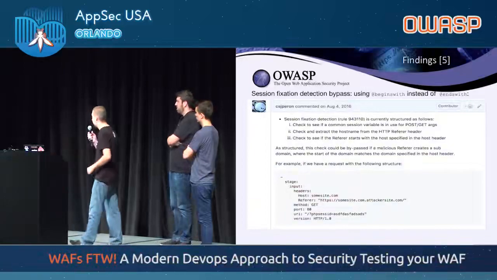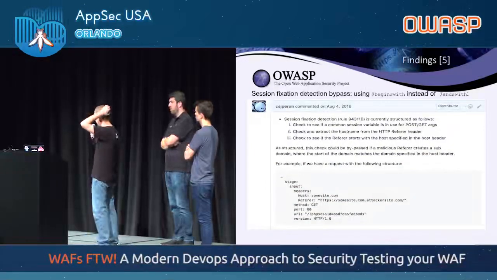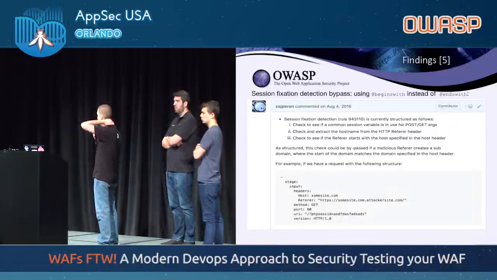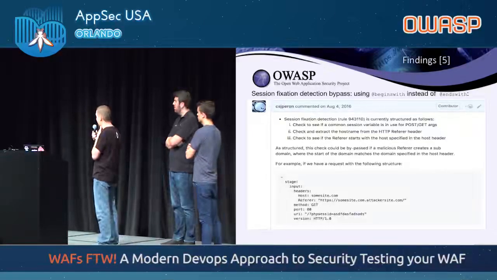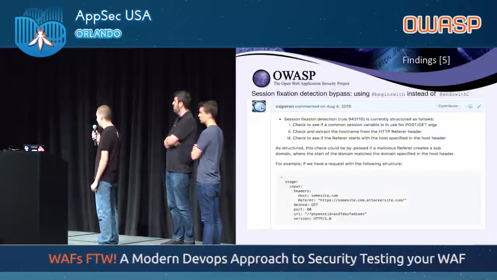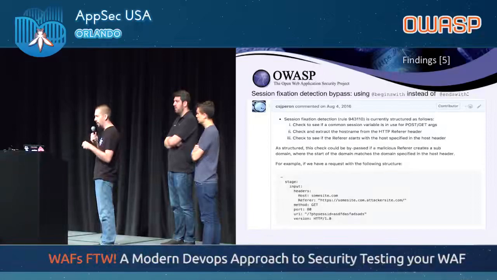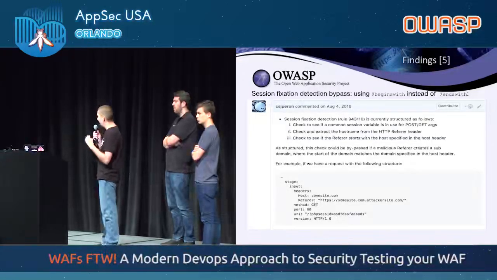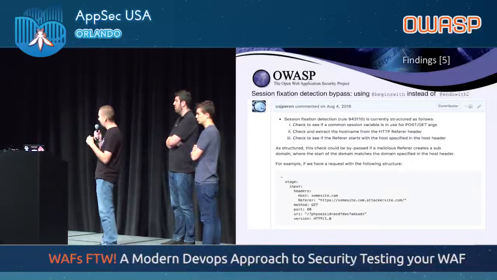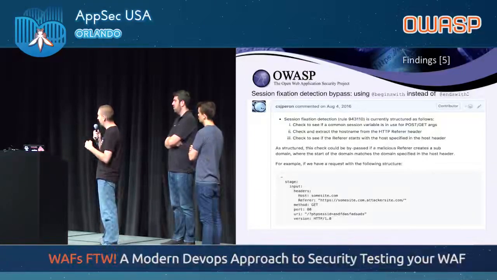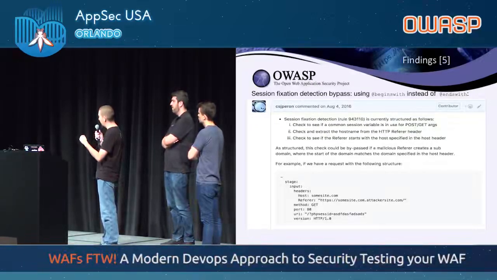This one was kind of interesting. This rule was testing for session fixation, and it does three things. It first checks to see if there is a common session identifier name, like PHPSESSID or whatever framework. If one's in place, then it will check the referer and the host. The operator was using begins with.